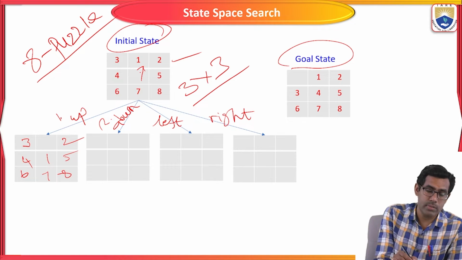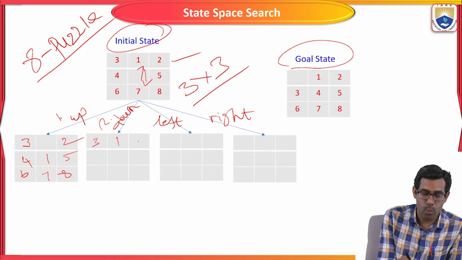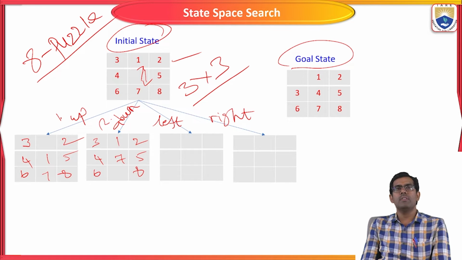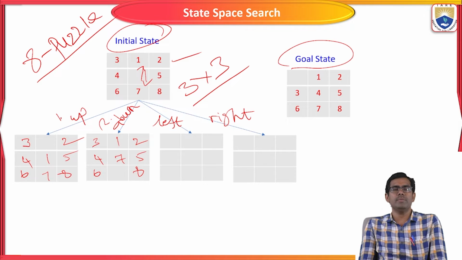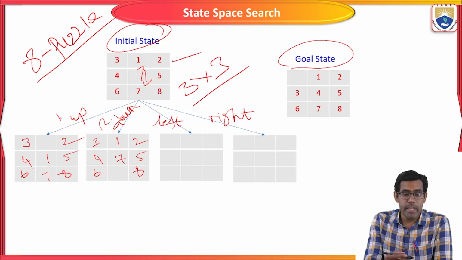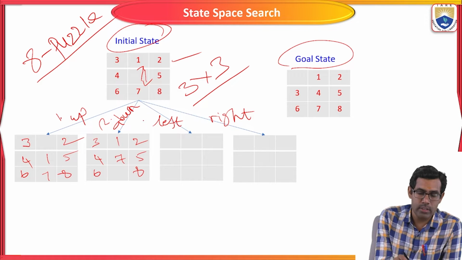This specific empty place, I'm going to move downwards. If so, we get 3, 1, 2, 4, 7, 5, 6, then space and 8. So this is the output produced after applying the downwards operation. The third one is to move left.